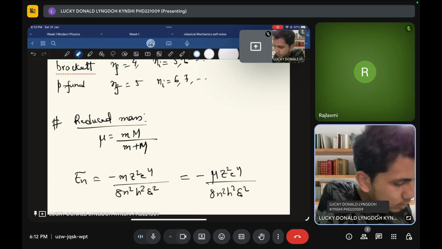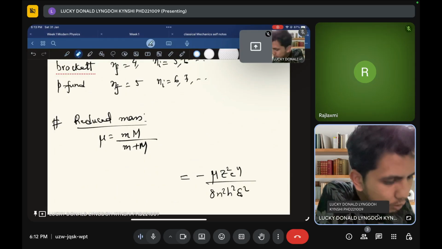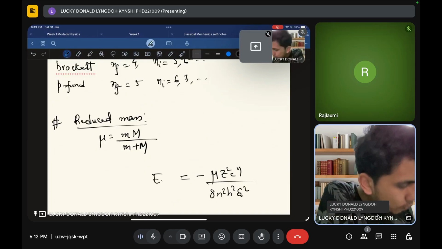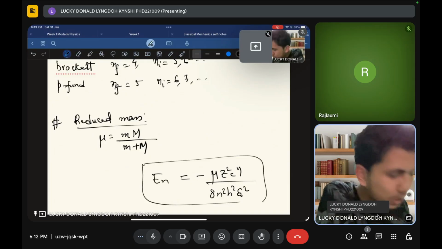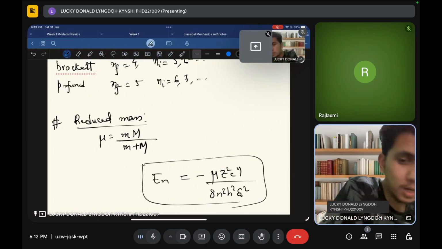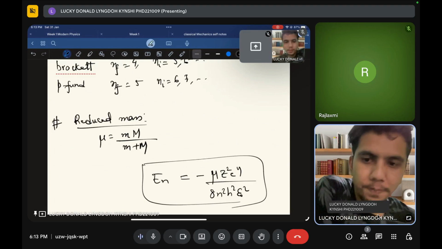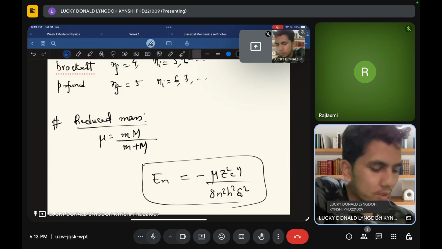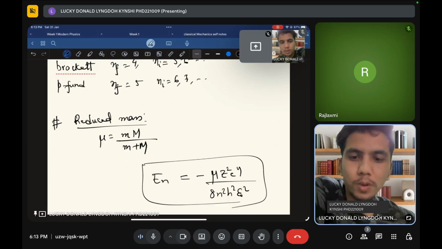So your energy is not simply m anymore, it will be mu instead. And reduced mass means both masses are contributing. So we have to express in terms of mass, mu is equal to small m capital M divided by small m plus capital M.